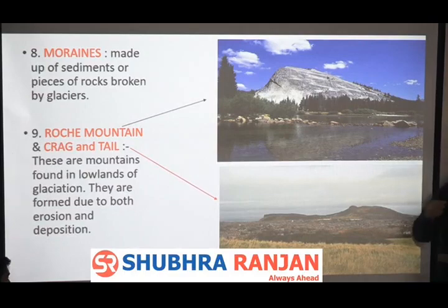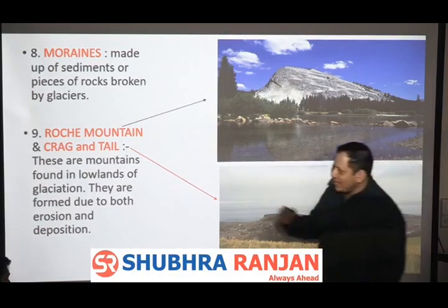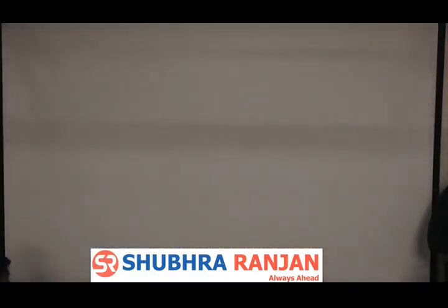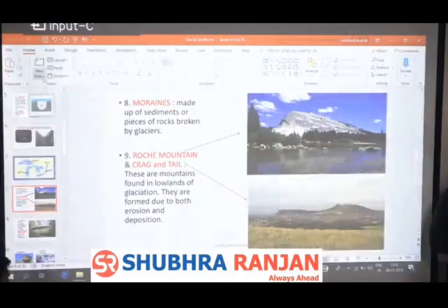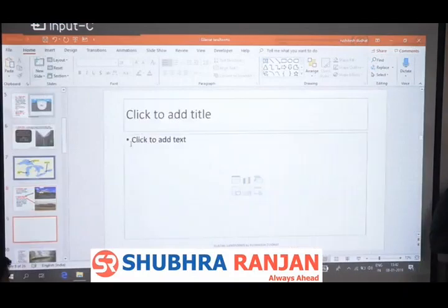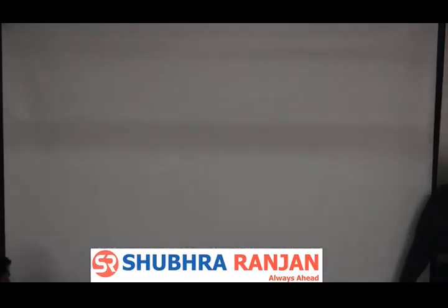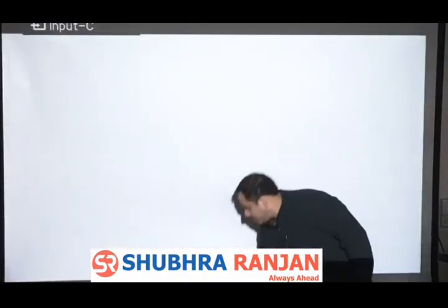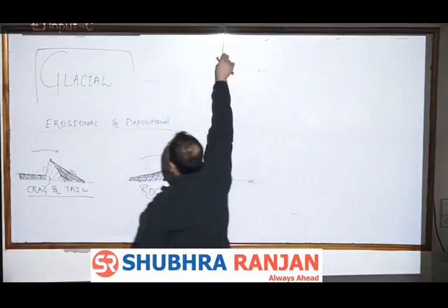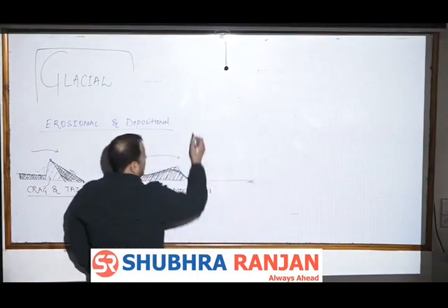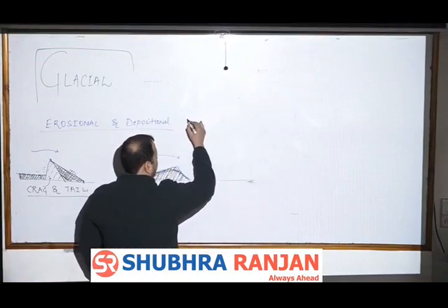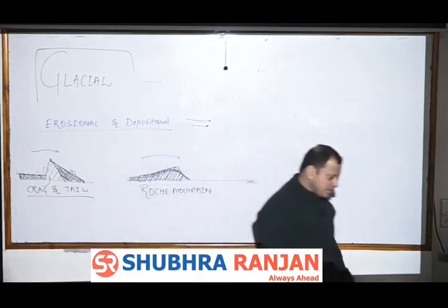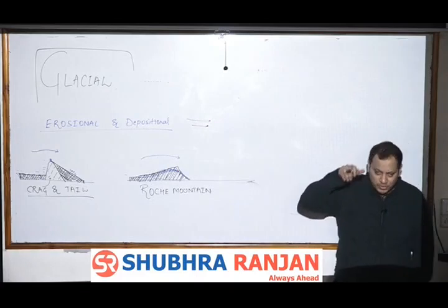Now one of the most interesting things about the glacier is the landforms that come after this, in the regions of glaciation. When the glacier starts coming downwards, it comes to the lowland region.